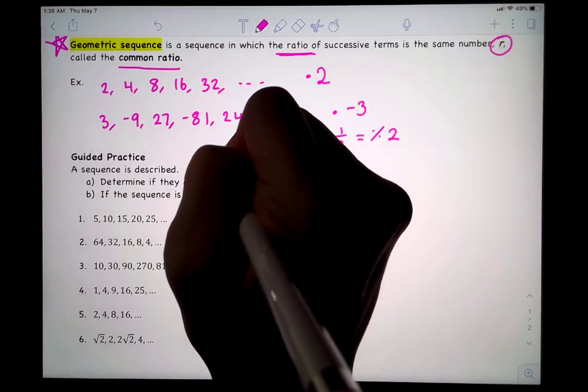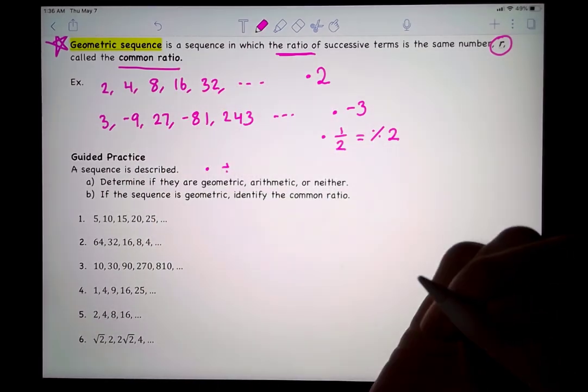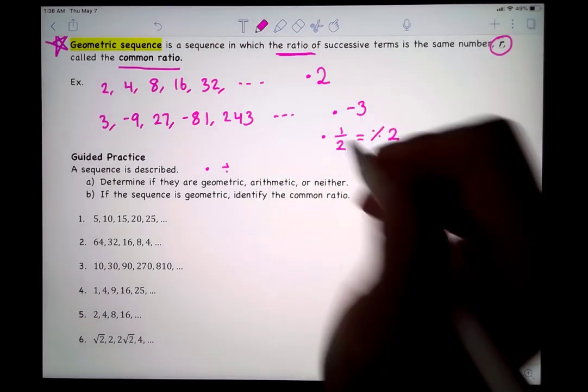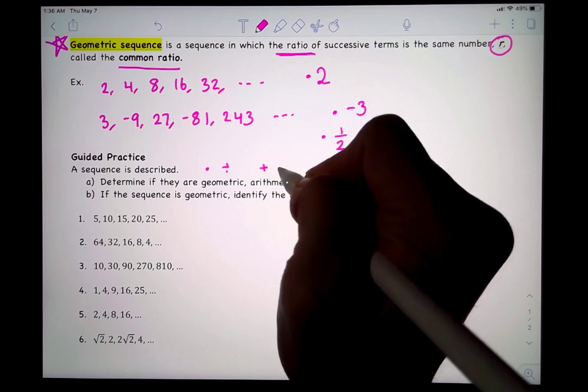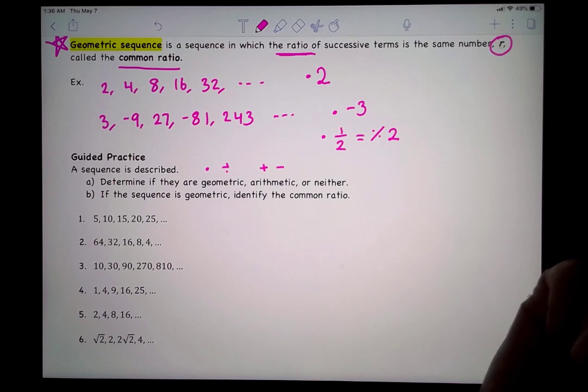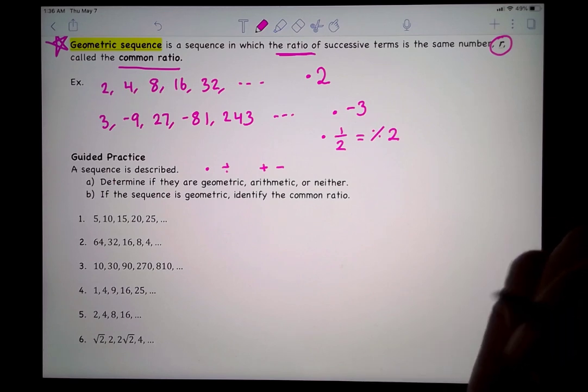If your pattern is addition or subtraction, so plus or minus, then that's an arithmetic sequence. If you just have numbers but you cannot find the pattern, or it has a pattern but we cannot tell that it's multiplication, division, addition, or subtraction, then in that case we say neither.